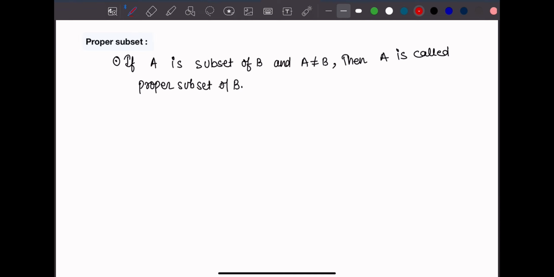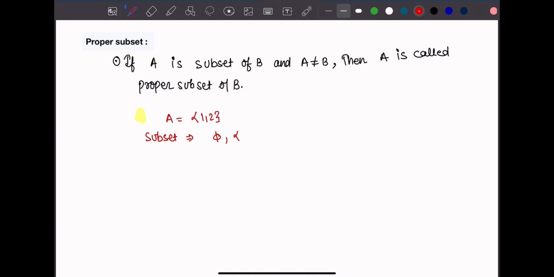Next definition we have is proper subset. A proper subset says that the set itself we are not including in the subset part. Meaning, if I'm going to write subsets, we know that A is equal to {1, 2}, subsets are what?